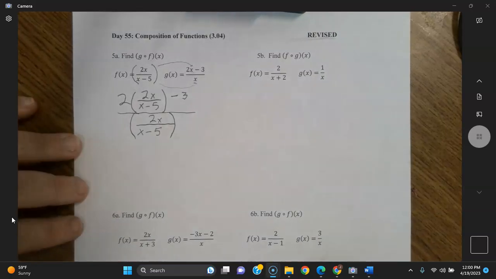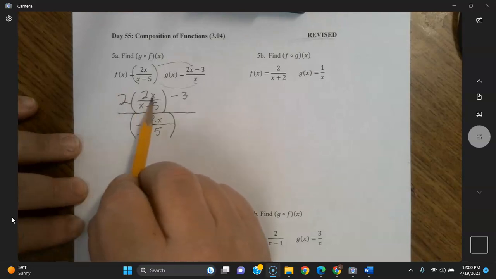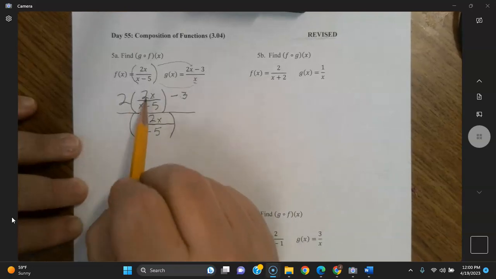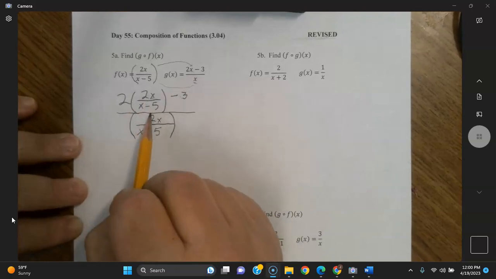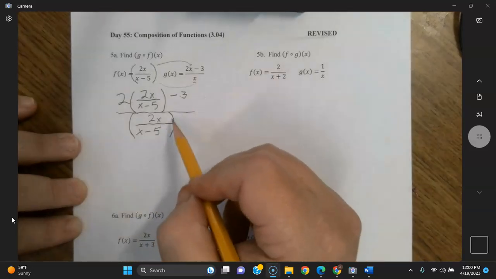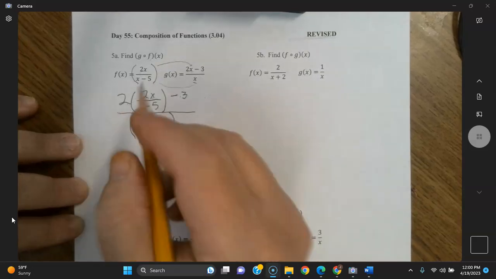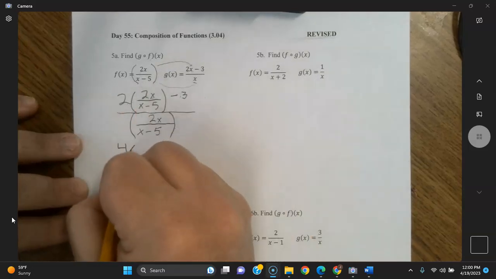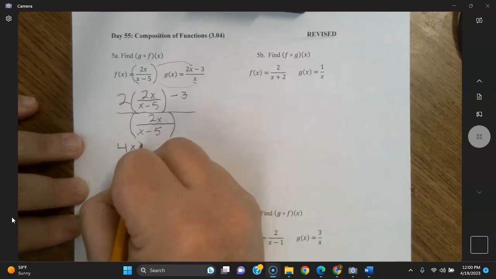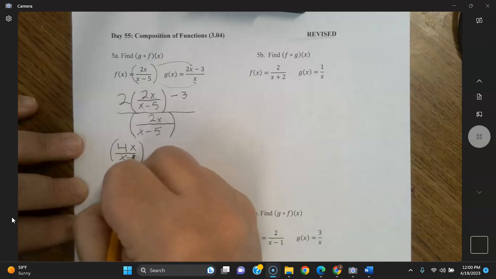Now I'm going to do 2 steps in one on the next. I'm going to distribute this 2 to the 2x, so it becomes 4x. It doesn't distribute to the negative 3 there, just to the 2x. And then it will be x over 5. And then I'm going to flip this and bring it up to the top. So flip and multiply, just like we've done with regular fractions. So here goes this 4x, and it's still over x minus 5.